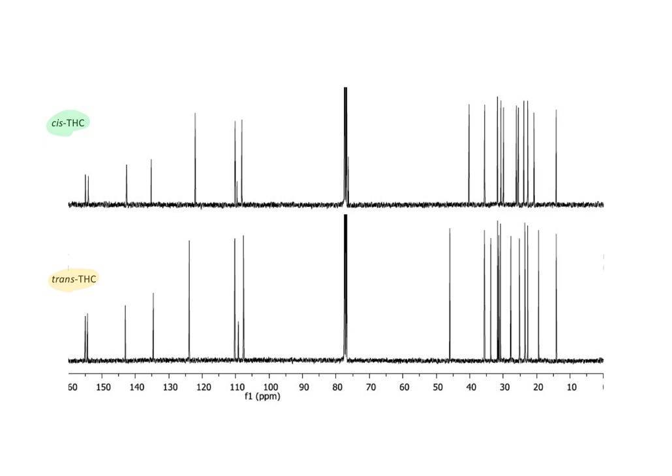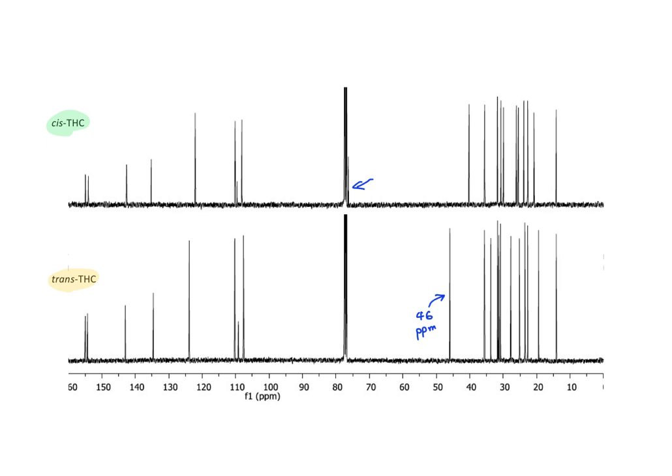Not just the appearance of this peak at 77 parts per million that stands out in the cis THC, but there's a big difference in that one of the peaks for trans THC is deshielded down at 46 parts per million, and that's not present in the cis THC.